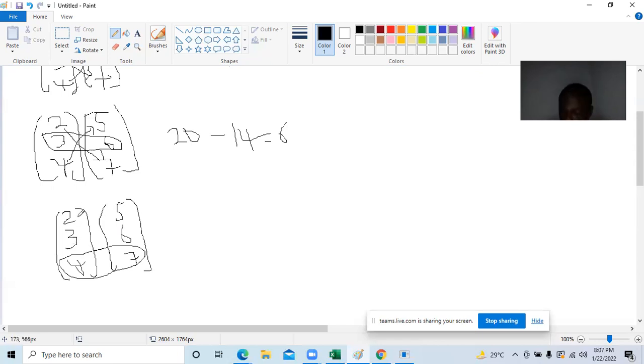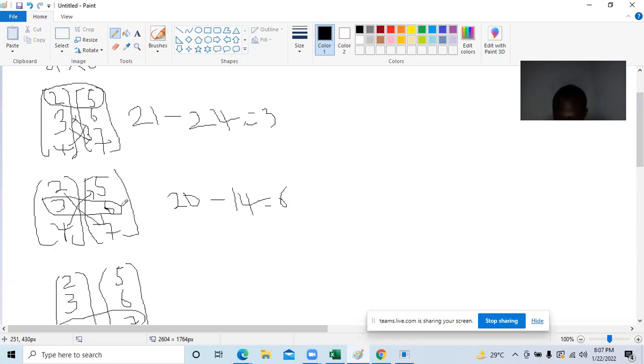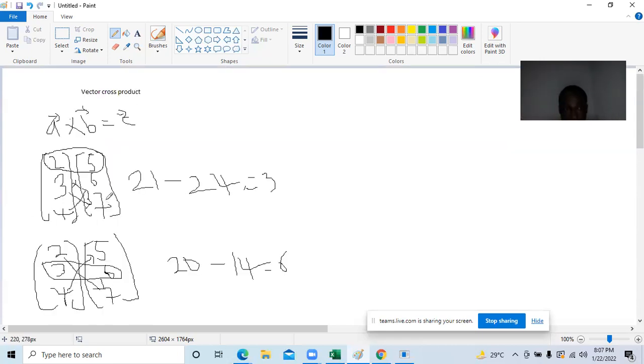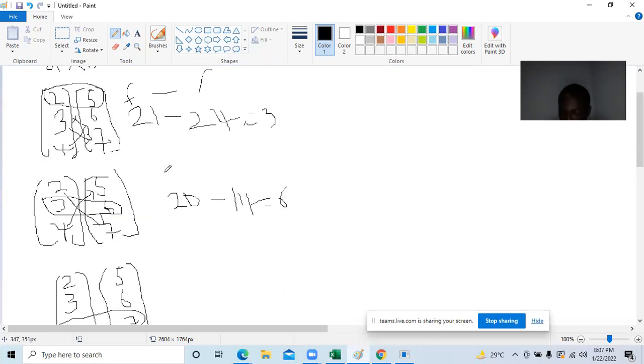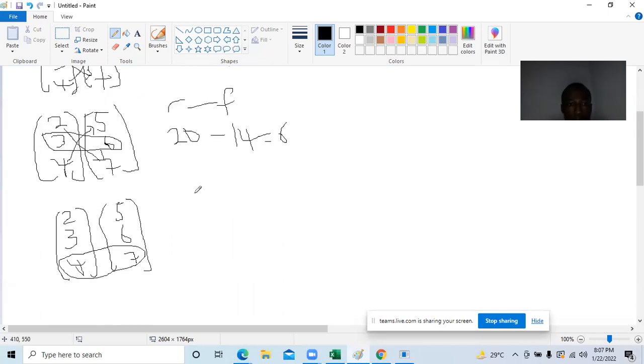So here we had a falling diagonal minus a rising diagonal. This is the formula. It's first the falling diagonal minus the rising diagonal. In the middle, we have a rising diagonal minus a falling diagonal. That's why it was first 4 times 5 minus 2 times 7. Lastly, we have a falling diagonal once again minus a rising diagonal.